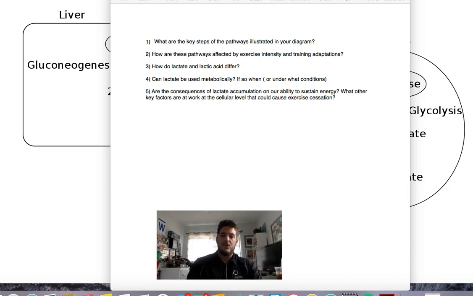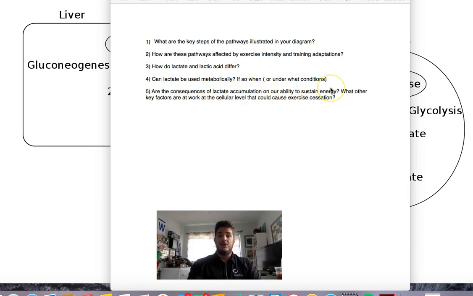First, we're going to look at five different questions that we're going to go over and answer today. What are the key steps of the pathways illustrated in your diagram? How are these pathways affected by exercise intensity and training adaptations? How do lactate and lactic acid differ? That's an important one. Can lactate be used metabolically?